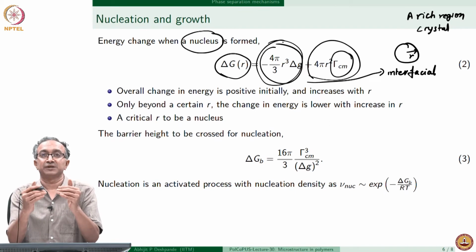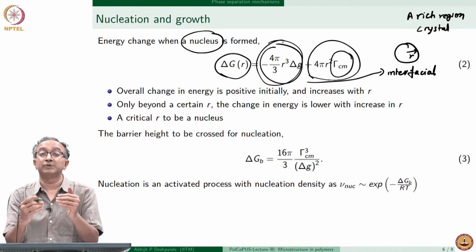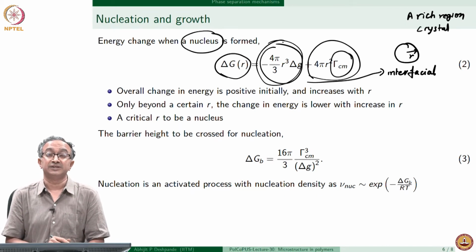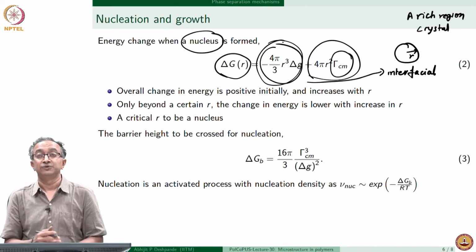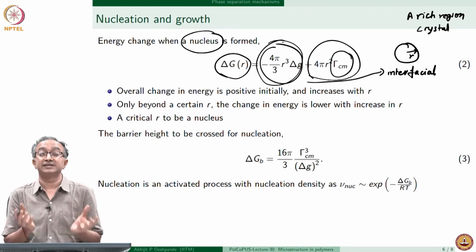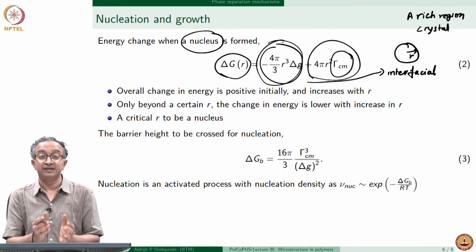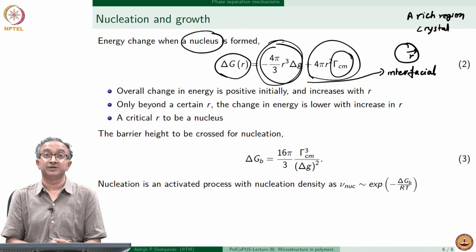Only when the sample is brought below the melting temperature or below the critical solution temperature, LCST or UCST, whichever are the critical transition temperatures, will we have a driving force for phase separation or crystallization.